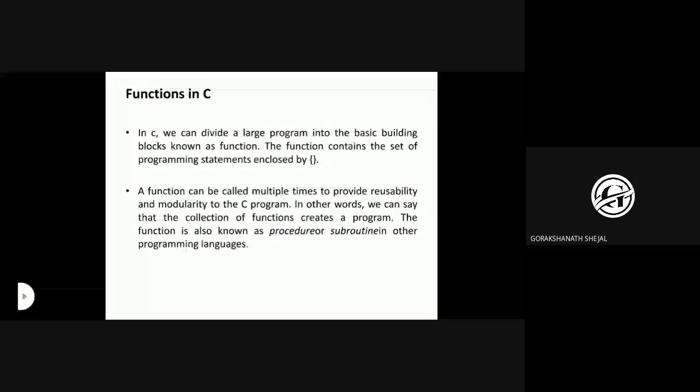If you forget to write the semicolon at the end of a variable declaration, the compiler checks and you will get the error missing semicolon, because you have not followed the syntax. So the compiler is the tool which compiles and executes the program.